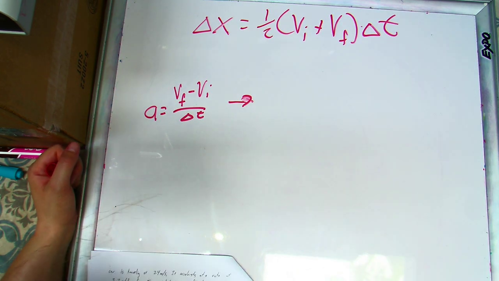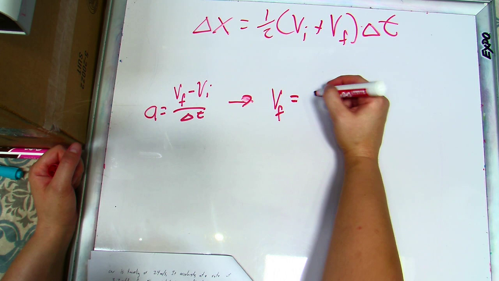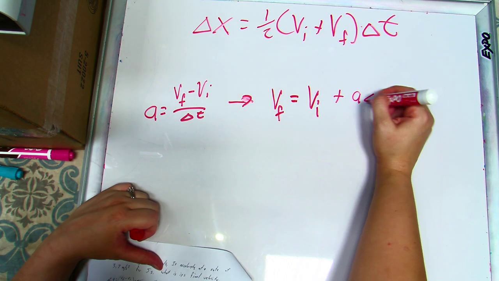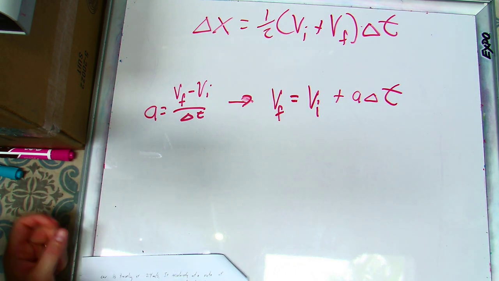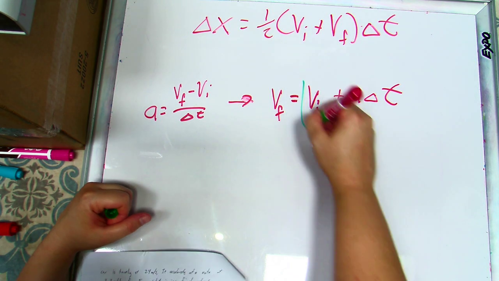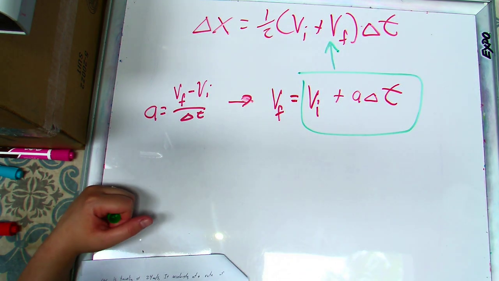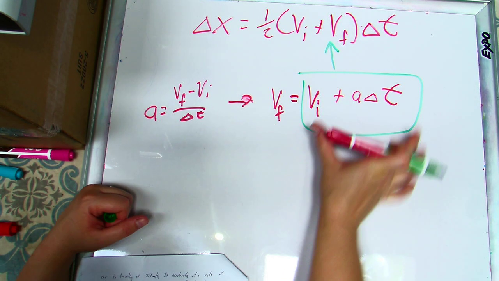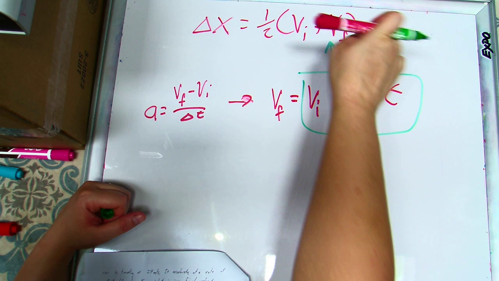We can rearrange it to be vf equals vi plus a times delta t. Now what I'm going to do with this, I'm going to take this portion and plug it in for vf. So final velocity equals this. So if final velocity equals this, I can take this and plug it into that.